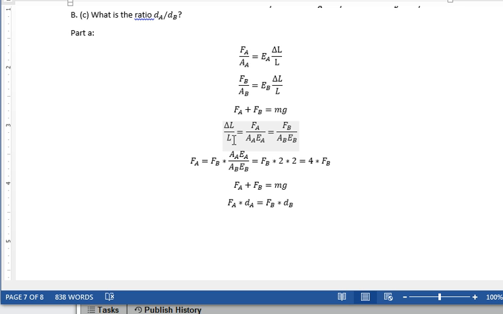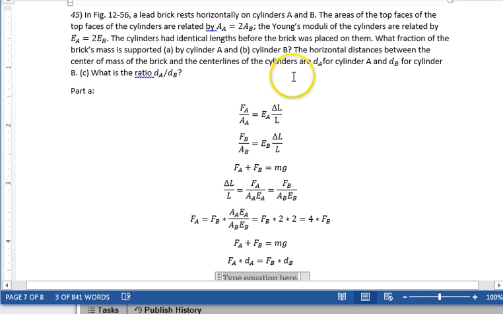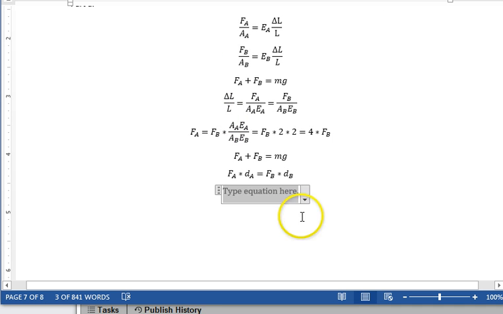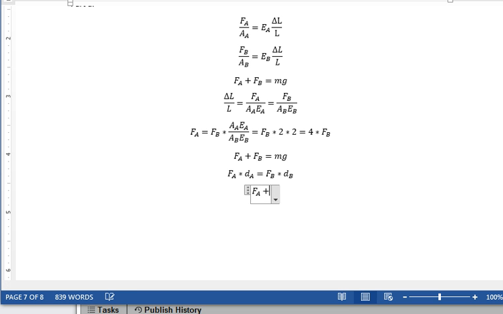So what am I asked for first? What fraction of the brick's mass is supported by cylinder A? I'm going to take FB equals 1/4 FA and substitute it into this equation. That's going to give me FA plus 1/4 FA equals mg. And so FA is 5/4, okay, 4/5 of the weight, right?